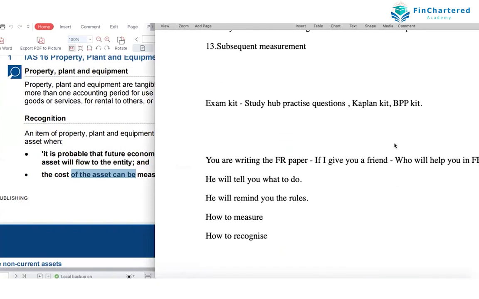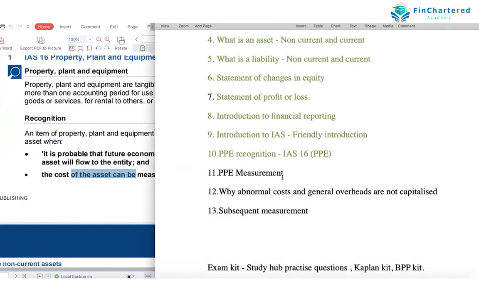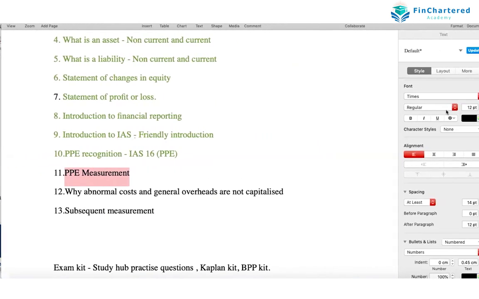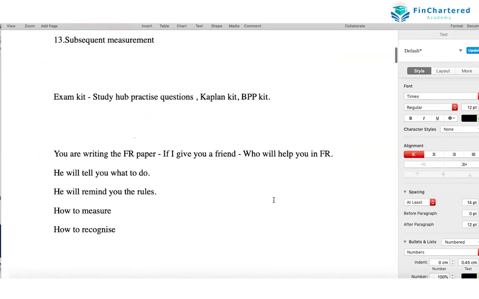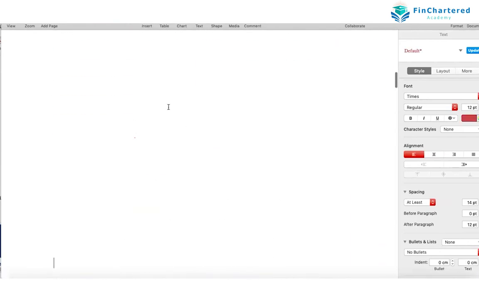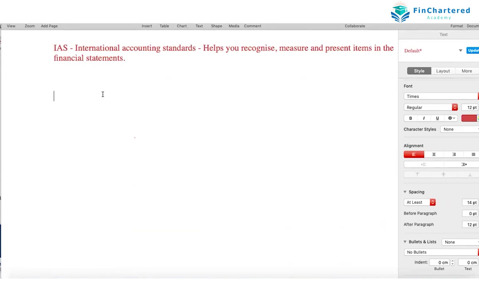Now, what we're going to look at is measurement of PPE. Again, you know when to count something as PPE, but you also need to know how, or what number you will put to it.